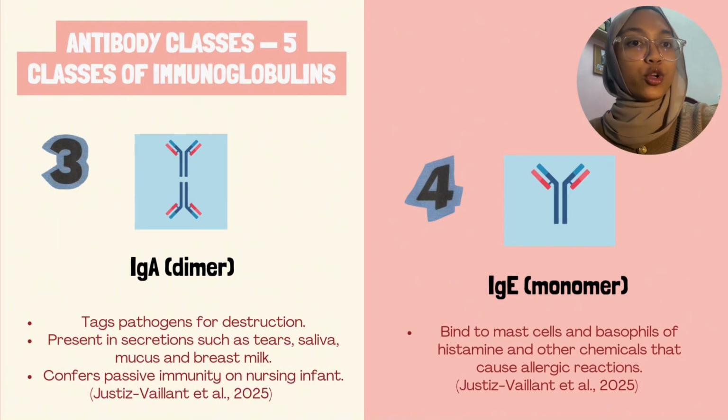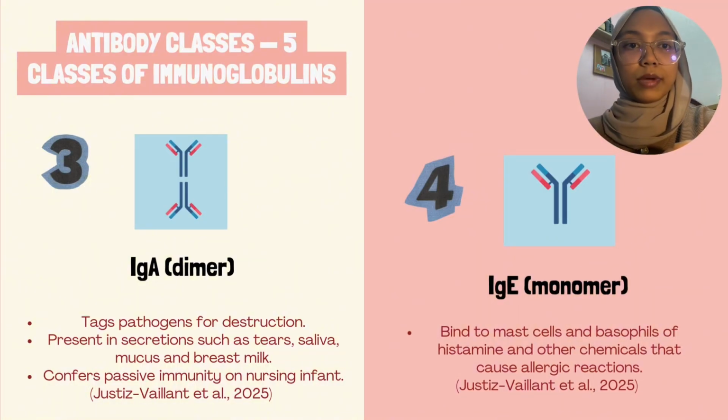Next, we have immunoglobulin A, which is a dimer. Immunoglobulin A tags pathogens for destruction. It is present in secretions such as tears, saliva, mucus, and also breast milk. It also confers passive immunity on the nursing infant. Number 4, we have immunoglobulin E, which is a monomer.